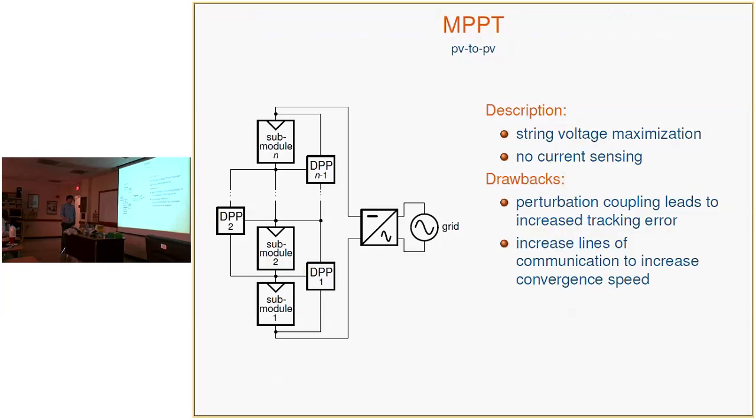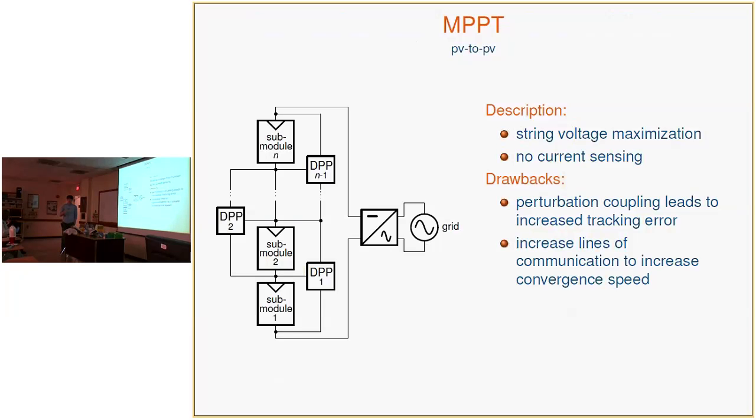What's been implemented in the past is that you just try to maximize the string voltage, or you try to maximize the submodule voltage locally, and that's been shown to work. But some problems that have come out of that are that in order for the convergence speed to be sufficiently fast, you have to increase the lines of communications between DPPs.